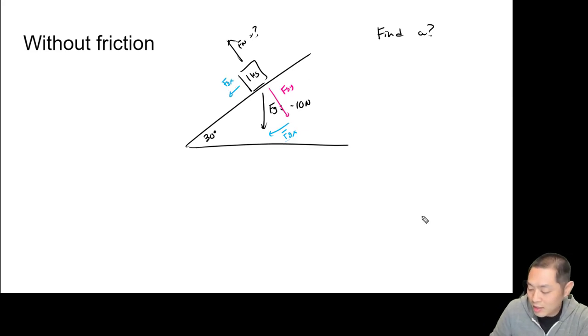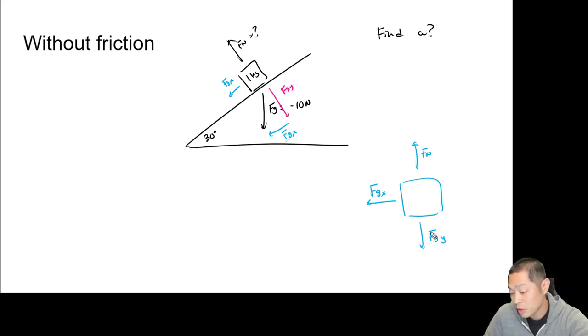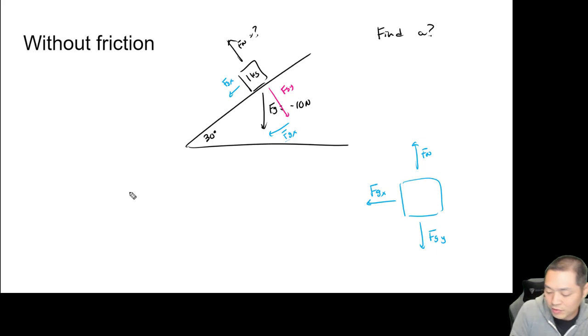So now technically this thing has, if we redraw it, three things acting on it. Force normal, which is surface, Fg in the y direction, and Fg in the x direction. So these are the three forces. We could ignore y because we're not doing friction. The only thing that's important is Fgx. So sum of all forces in the x direction is just equal to Fgx.